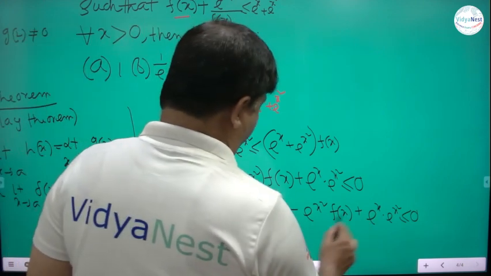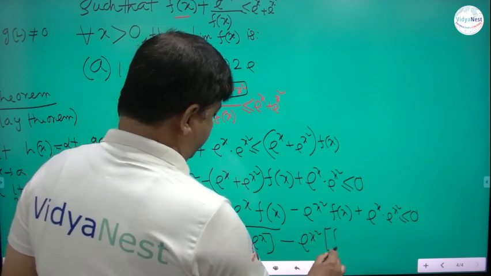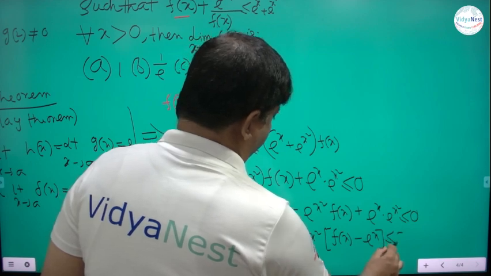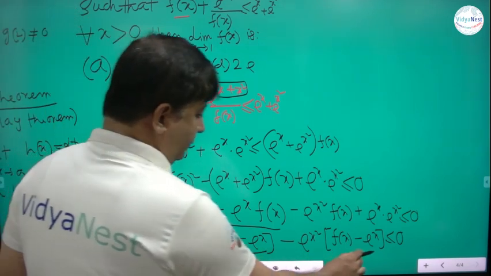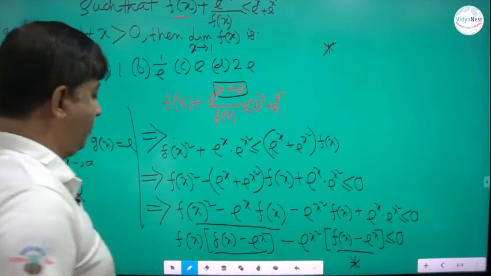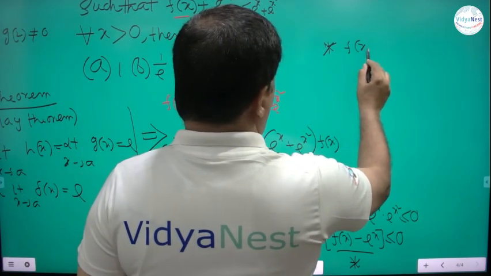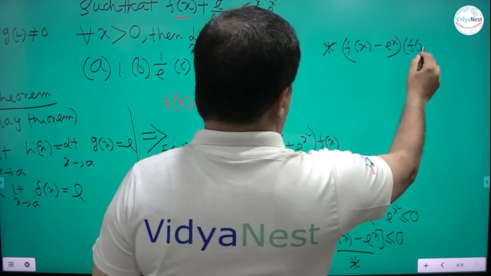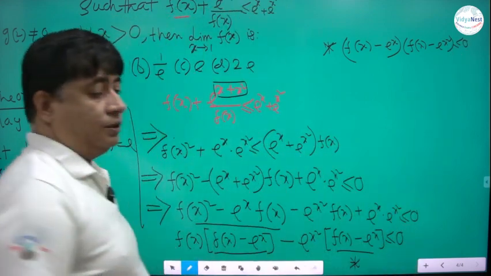And from these two, so this is the factor. Inadequate place, so I am shifting here. You see, less than or equal to 0.